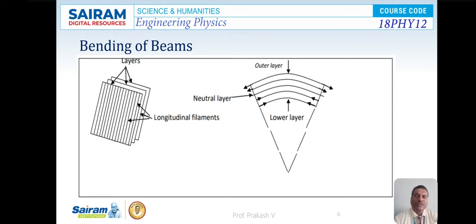Here in this picture you can look at when a deforming force is applied, the beam bends. The outer layers undergo elongation and the lower layers undergo compression, but the middle layer will not undergo any deformation. That layer is known as neutral layer or neutral axis. So I am going to give you information about beam.